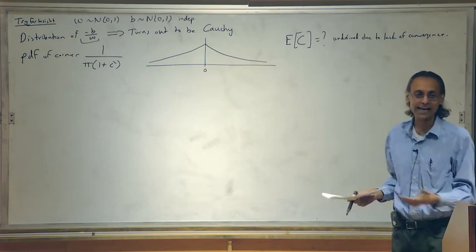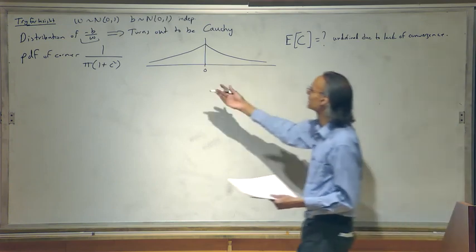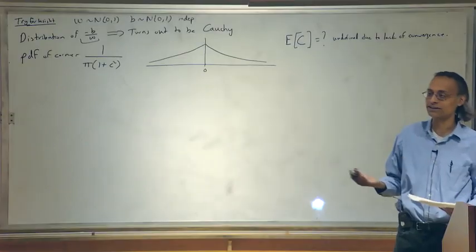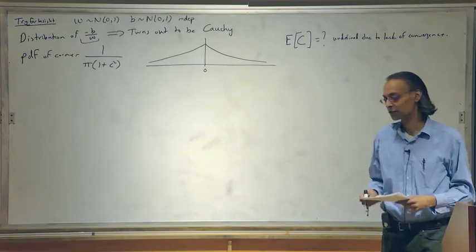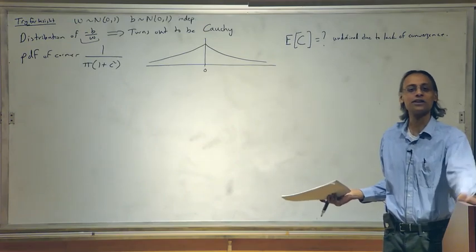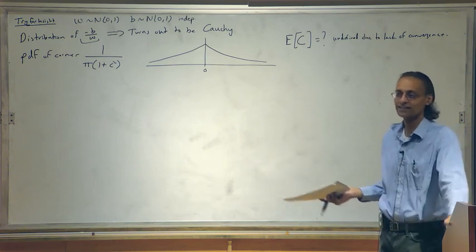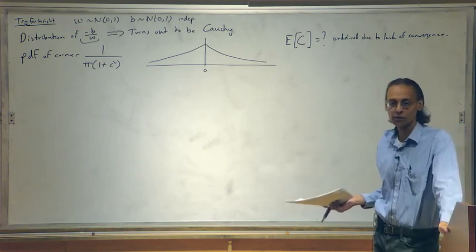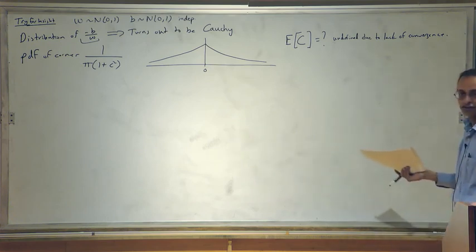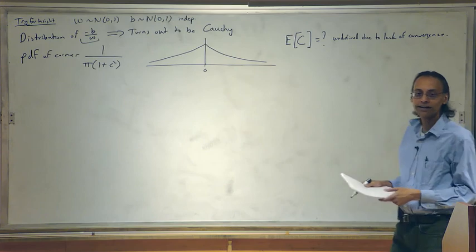I take this distribution, it generates numbers between minus infinity and plus infinity. It's never actually infinity. So I can always take the average of 100 of them, or 1,000, or 10,000. The computation of these averages will always exist. So what does it mean for the expectation to be undefined?